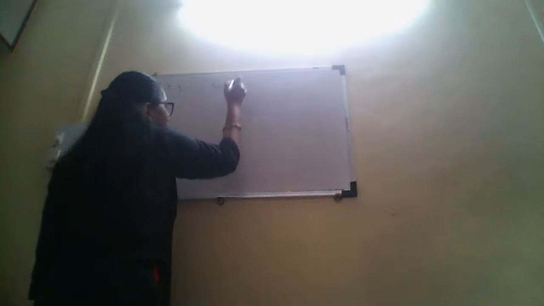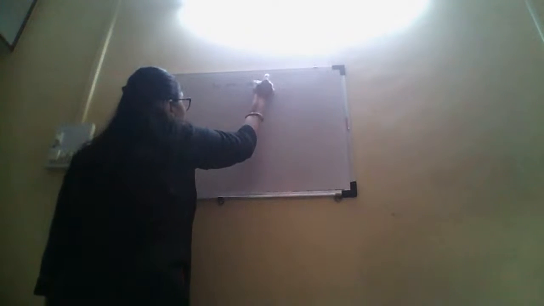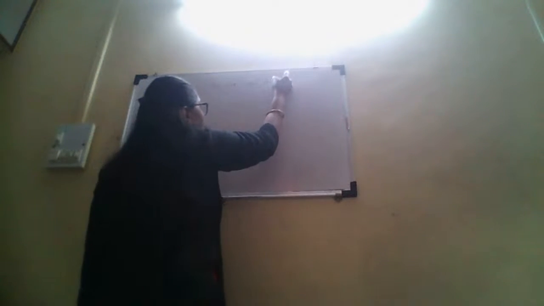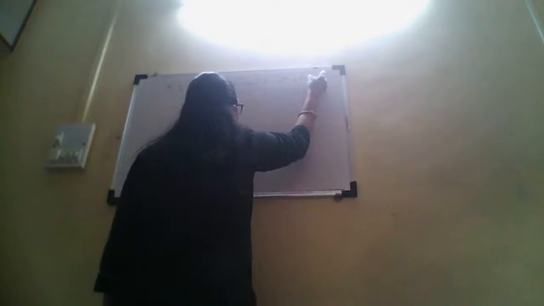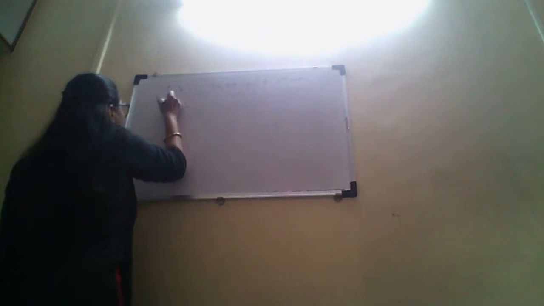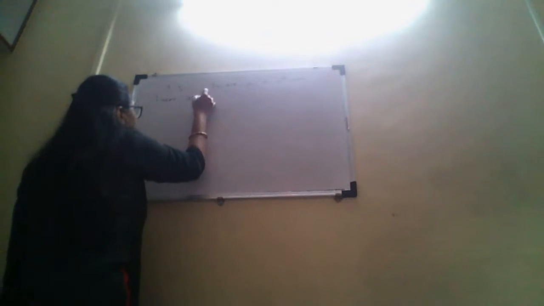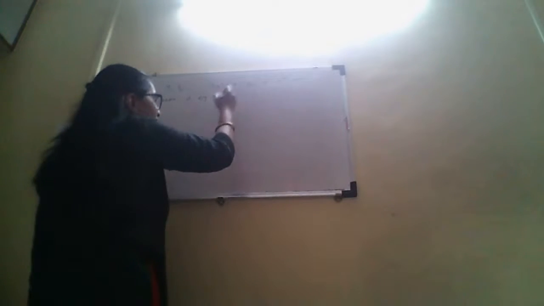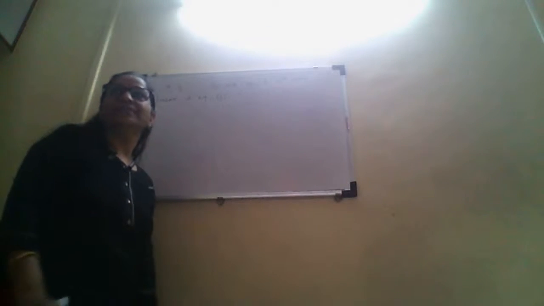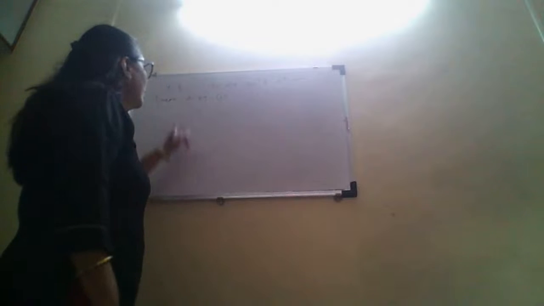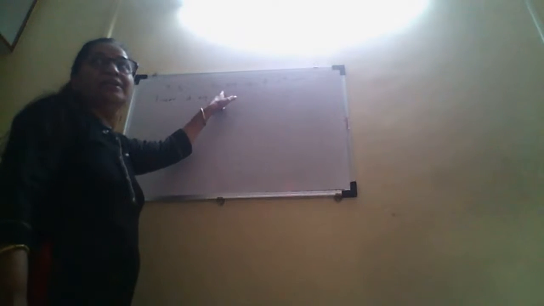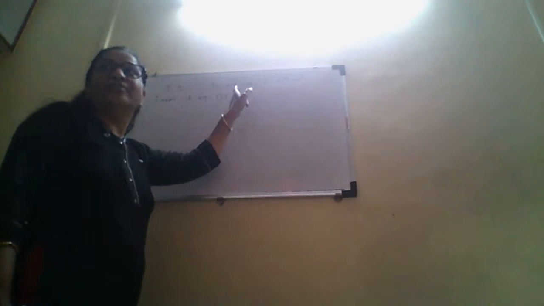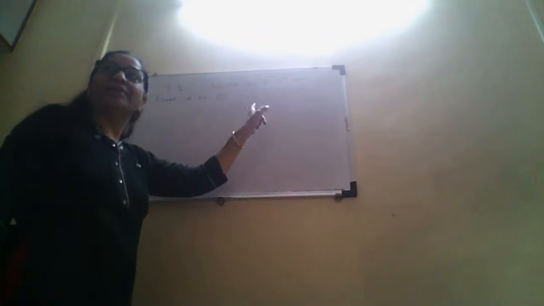Suppose y1, y2 up to yn are solutions of an nth order linear differential equation given by equation 1. Okay. So now how should the solutions be? All the solutions should be n minus 1 times differentiable.